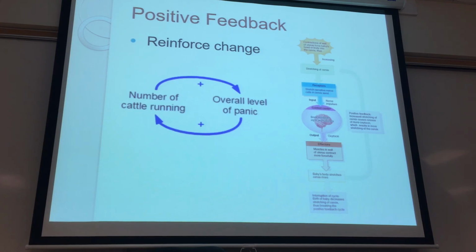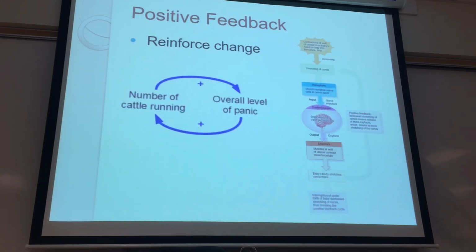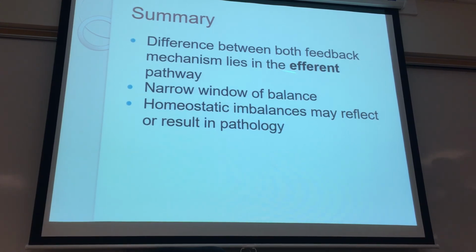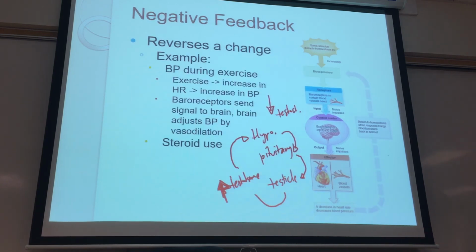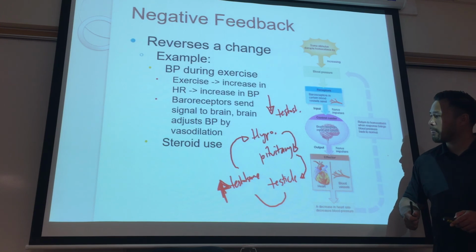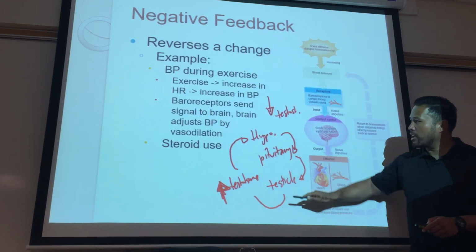And if you were to look at both negative feedback and positive feedback, the biggest difference between those two is what happens in the efferent pathway. That's the biggest place where the change takes place. And looking back at that example earlier, in negative feedback, when we had high testosterone, where did that change take place?